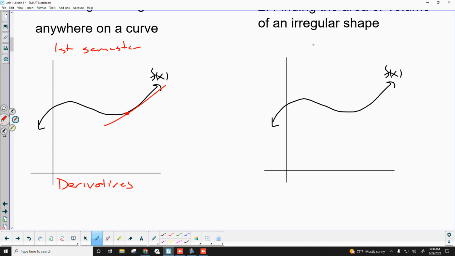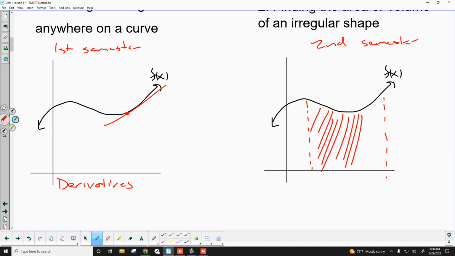And then the second semester, we'll tackle this major problem, which is, hey, what's the area under this function? Can't use geometry because there's no equation for this shape. We'll have to use something else.